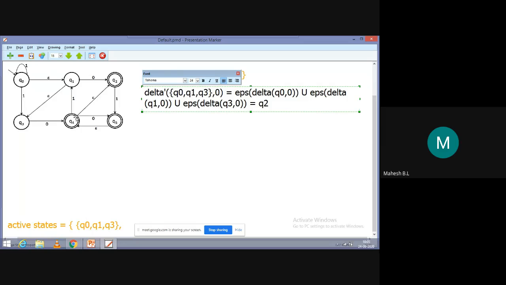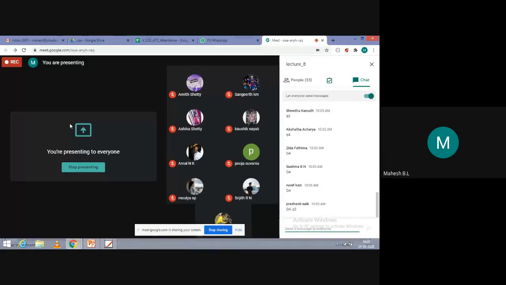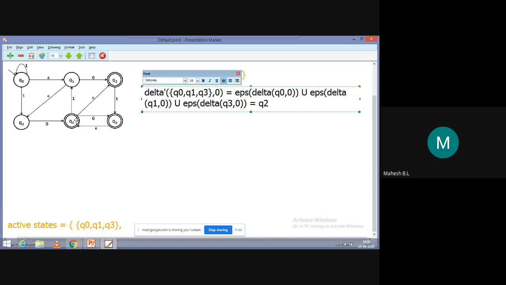Now, what is epsilon of q4? Epsilon of q4 is q2 comma q4, because you can reach q2 using epsilon. That's why epsilon of q4 is q2 q4.